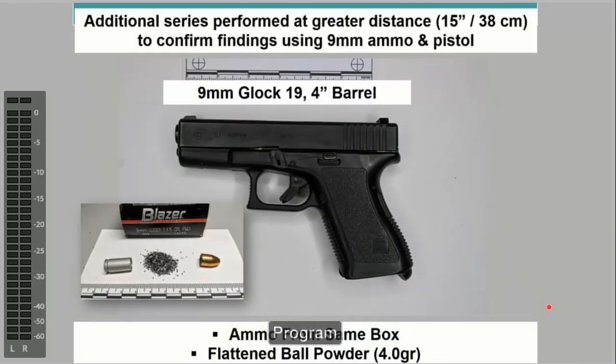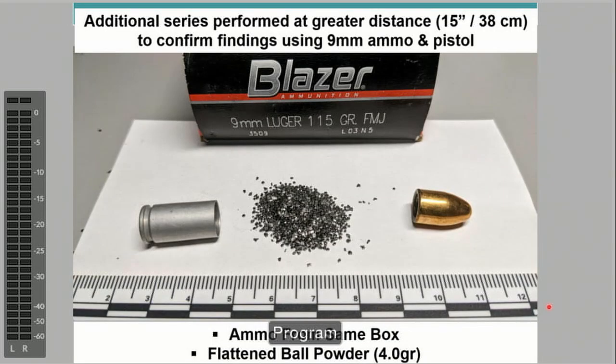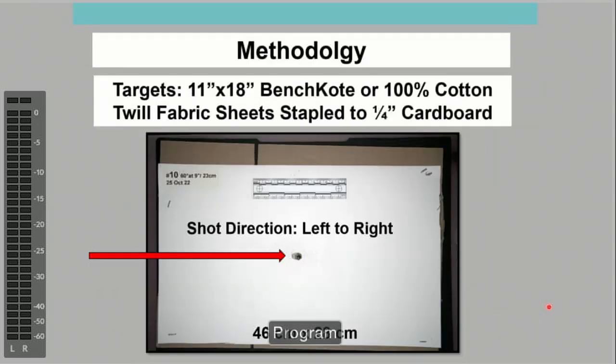By the way, the flattened ball powder, I didn't select that powder. That's what it happened to be when I decided to take a look at what powder I was actually using. The targets were either bench coat, which I think you're all familiar with, or 100% cotton twill fabric sheets, and they were stapled to 1/4-inch cardboard.